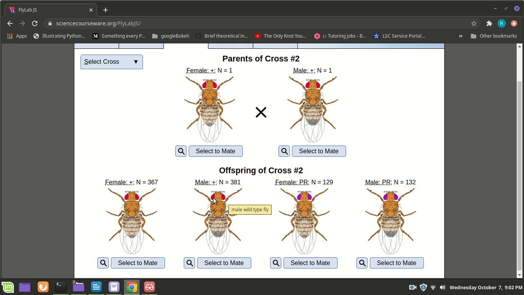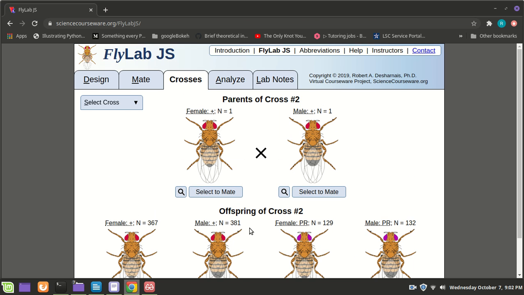With the 1 to 2 to 1 ratio, the heterozygotes will be red-eyed, the homozygous dominants will be red-eyed, so you'd have about 3 times as many of these compared to these. If we add that up, that's roughly 250, 260, so we would expect about 750 over here. So 6, 7, yeah, just about right.